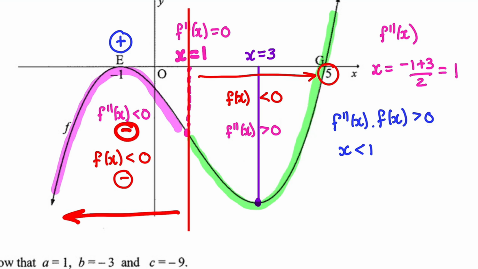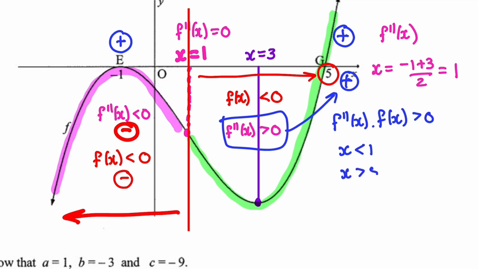But to the right of 5, we can see that f(x) is above 0, or positive, and also the concavity, so f double prime x would also be positive. So a positive times a positive will give me a positive result. So therefore, where x is bigger than 5.